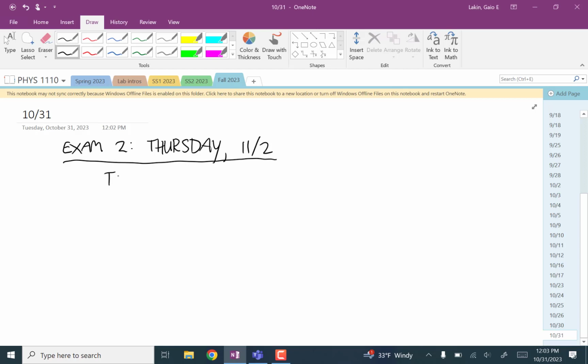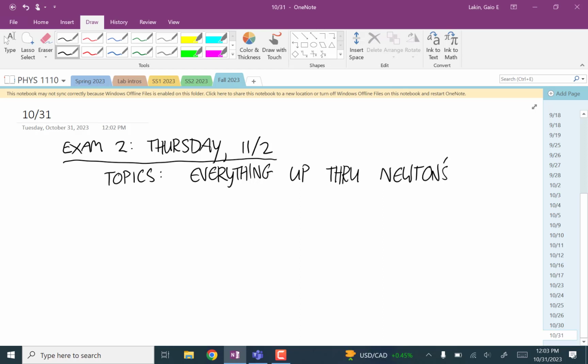And the topics are everything up through Newton's laws. And remember, that includes stuff that was on the last exam. So you need to refresh your memory about the old stuff.